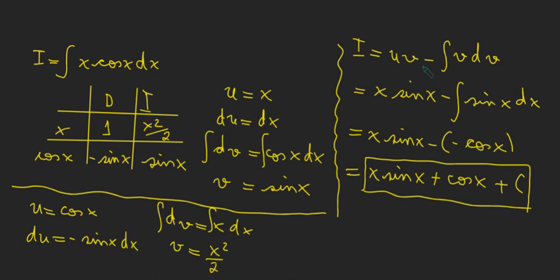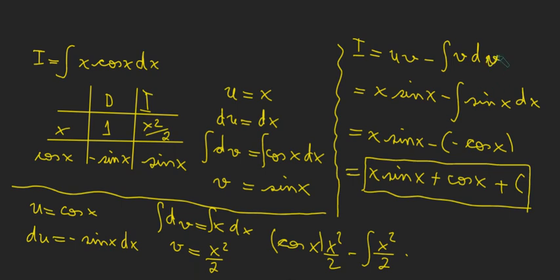When we plug into the formula, we will have u, which is cosine of x, times v, which is x squared divided by 2, minus the integral of v, which is x squared divided by 2, times du.